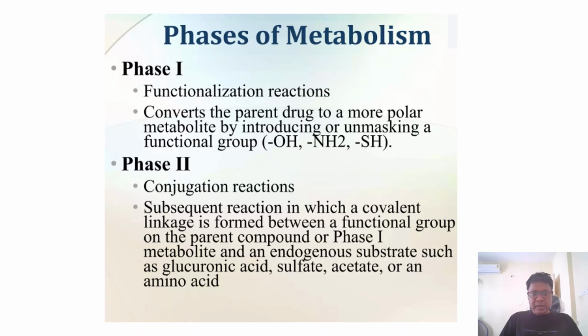In phase two, the main reactions are conjugation reactions, in which a covalent linkage is formed between a functional group on the parent compound or phase one metabolite and an endogenous substrate such as glucuronic acid, sulfate, acetate, or an amino acid.